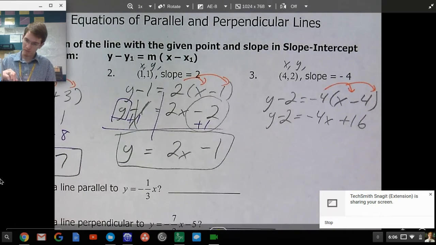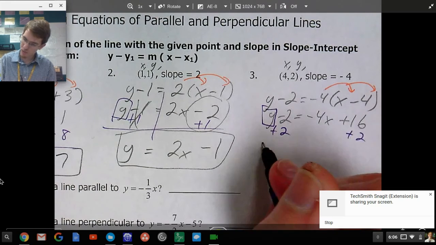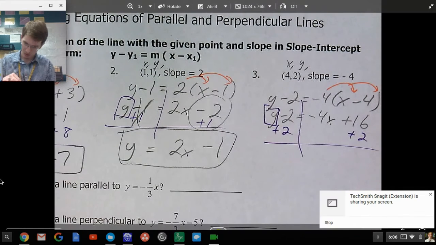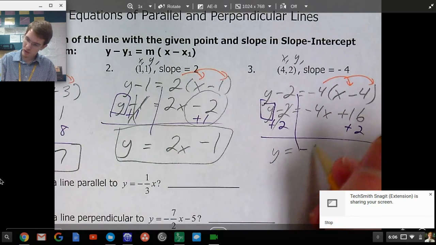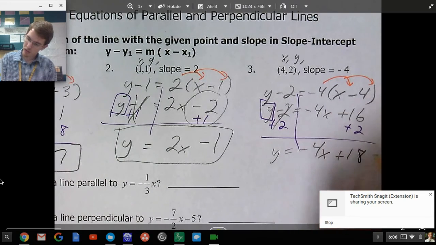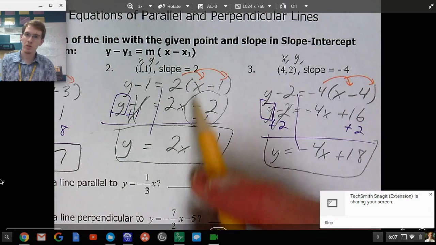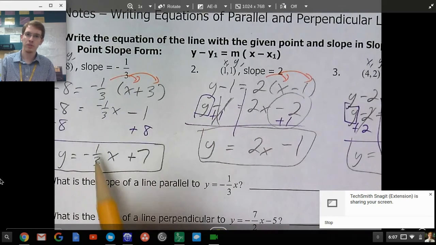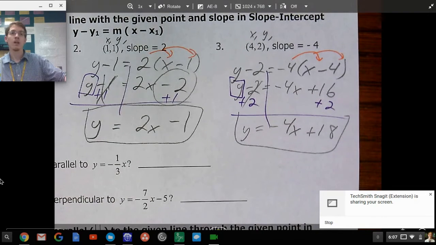That's 2. Y is still not by itself, we have to do the opposite, add 2. And so we get y equals negative 4x plus 18. Now one way you can check this is the slope. Negative 4 up here, negative 4 here, 2, 2, negative 1/3, negative 1/3. The slopes ought to match all those.